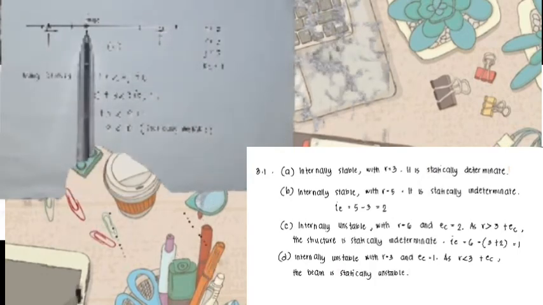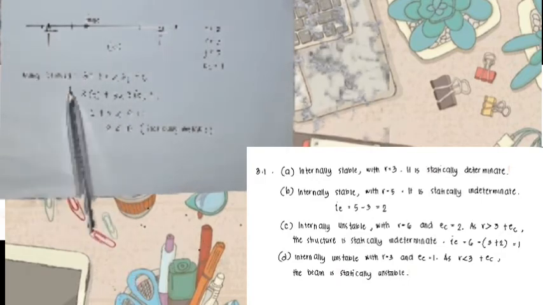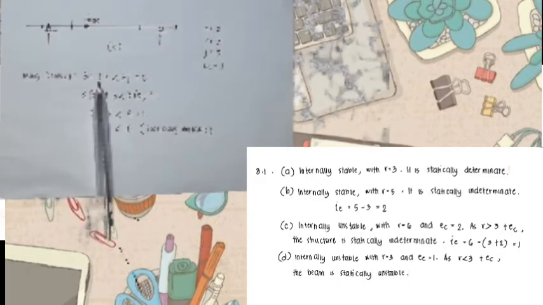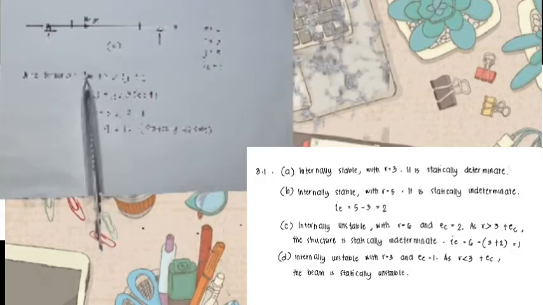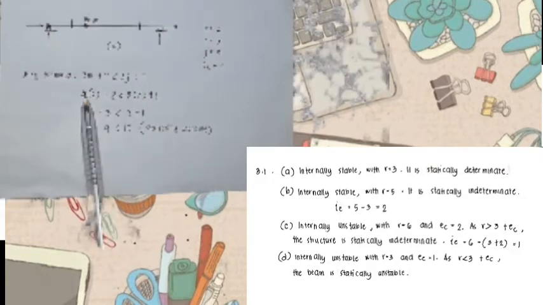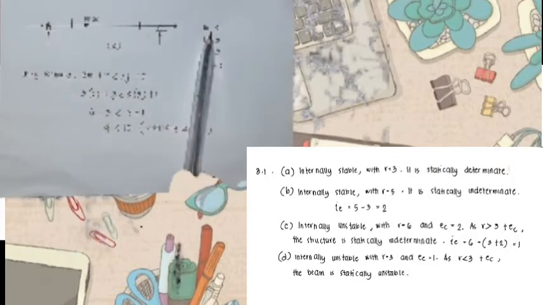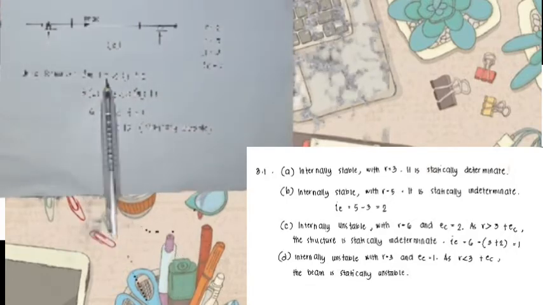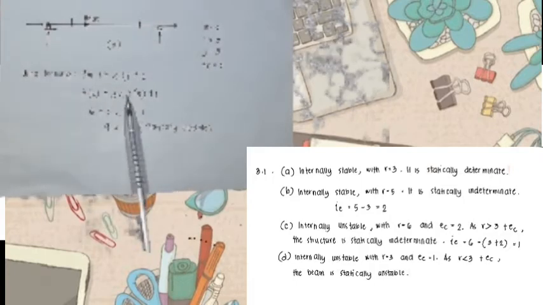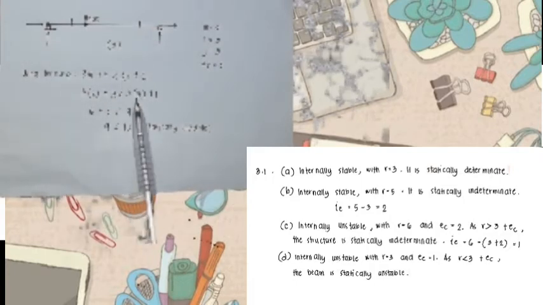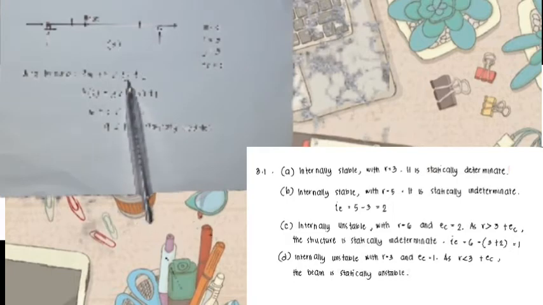Ito, yung hinge. So, using the formula 3M plus R less than 3J plus EC. So, 3 times the number of members, 2, plus the reaction, 3. So, 3 less than 3 times 3, the joint.